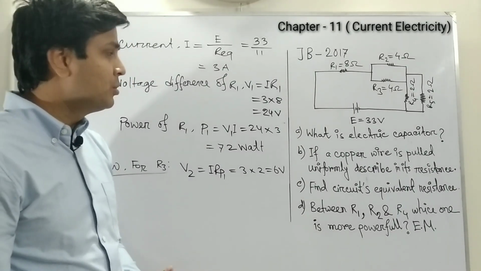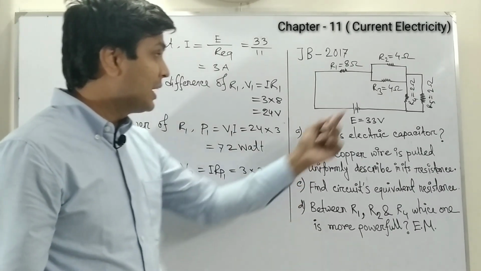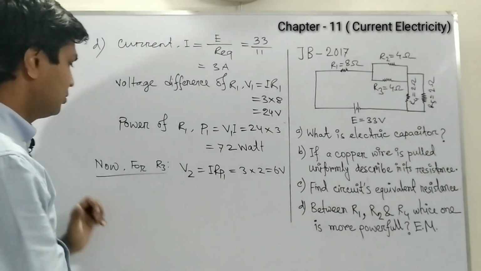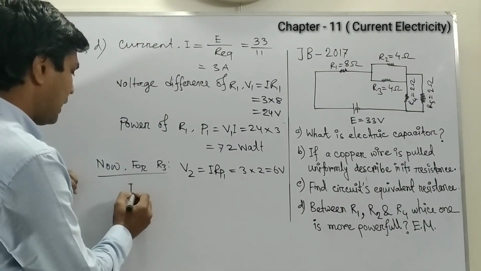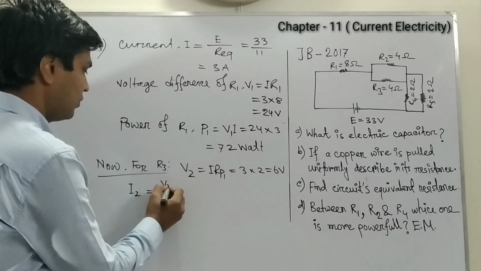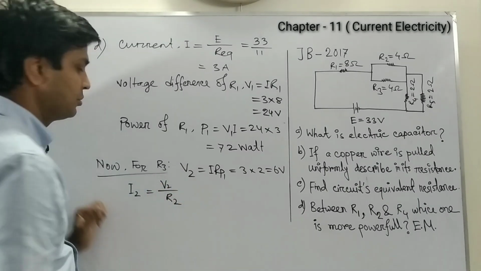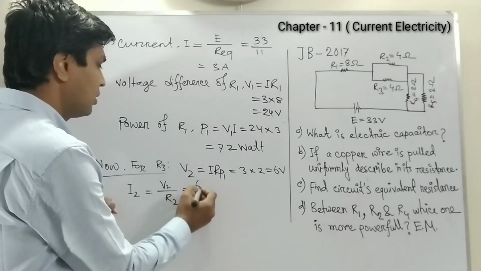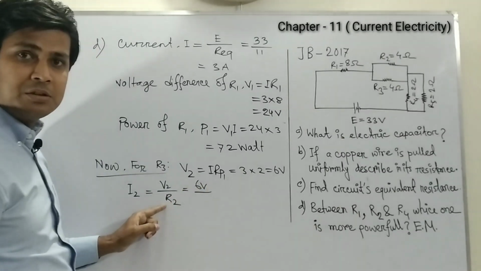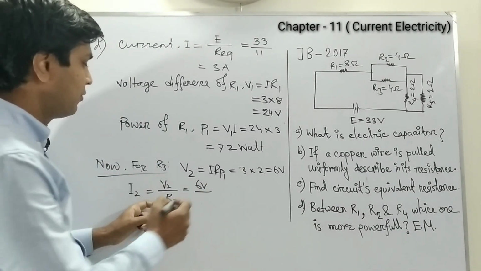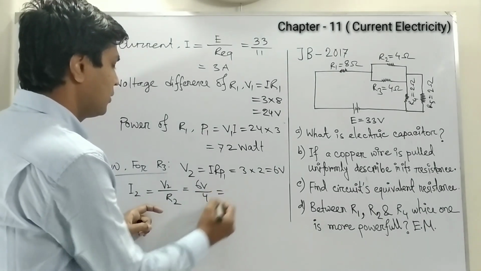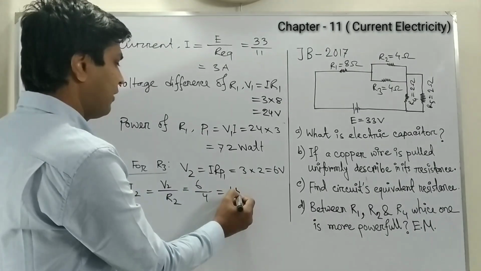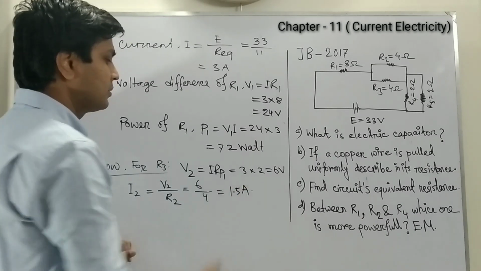Now if you want to calculate the current passing through R2, we can write I2 equals V2 divided by R2. Here V2 is 6 volt and R2 is given as 4. The answer will be 1.5 ampere.